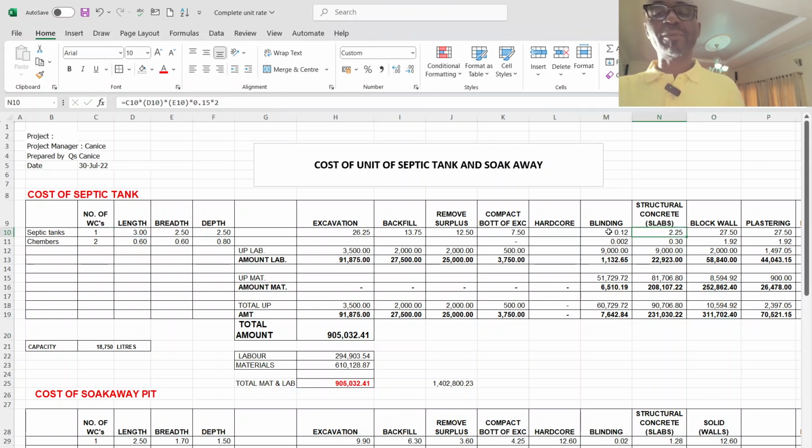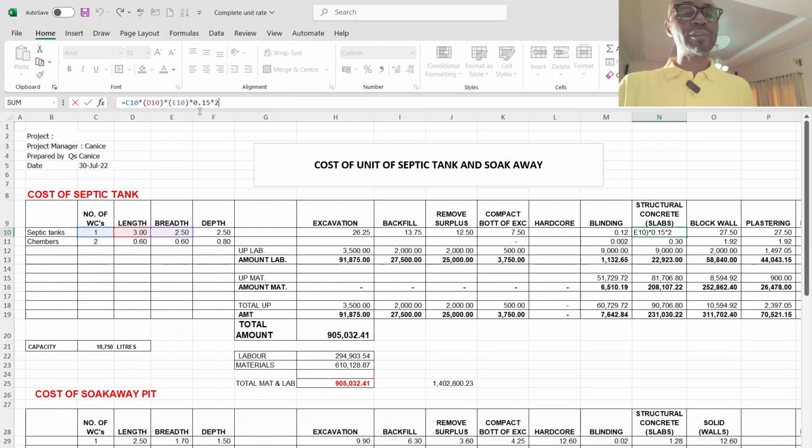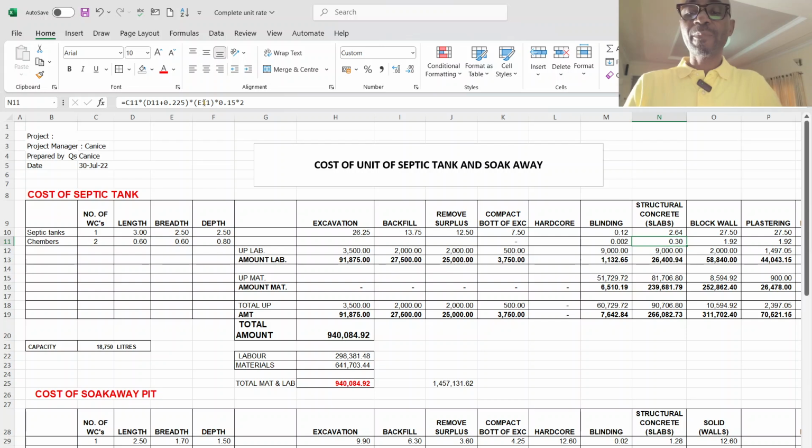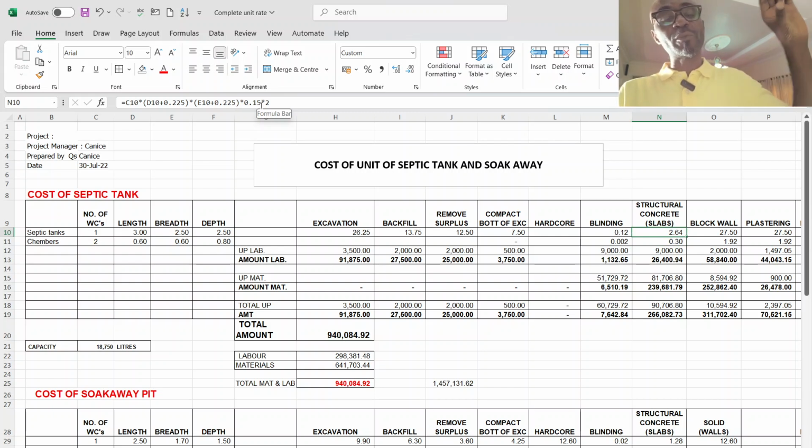Then the slab, of course, I'm supposed to add 225 here, the bottom and the top slab, plus 0.225, plus 0.225. So I multiply by the thickness 0.15, which is the top of the slab and the bottom, by 2, because we have the bottom slab and the top slab.